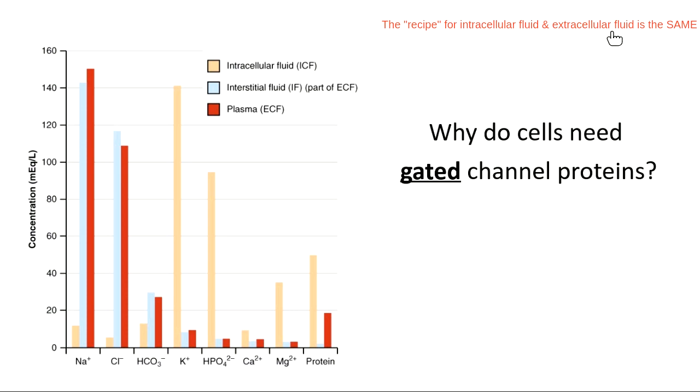So if things are not the same inside versus outside, here's what we got to consider. When I have a high concentration somewhere, diffusion wants to take us from having two different concentrations, a high and a low. The goal of diffusion is to make things isotonic.